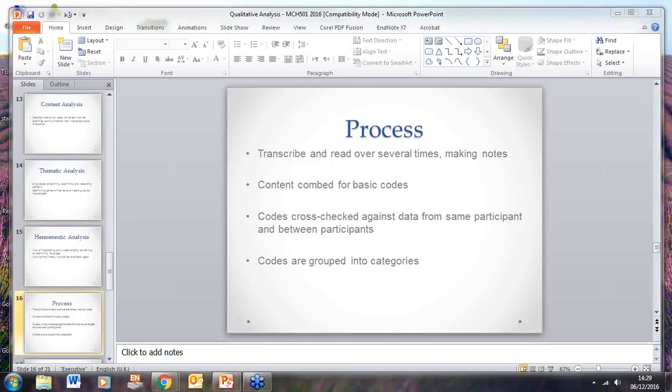If we were doing a piece of hermeneutic analysis on an interview transcript, we might type in a particular word or phrase and see where it reoccurs. We might also need to look at some dictionary definitions and see if there were other words that could be used in its place.